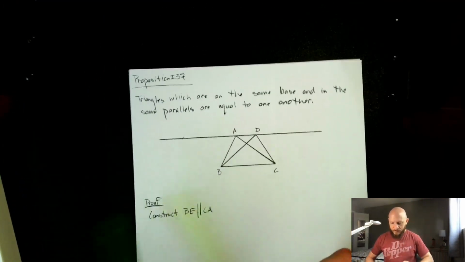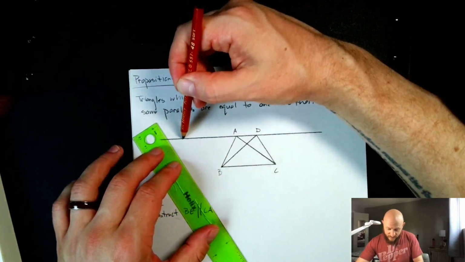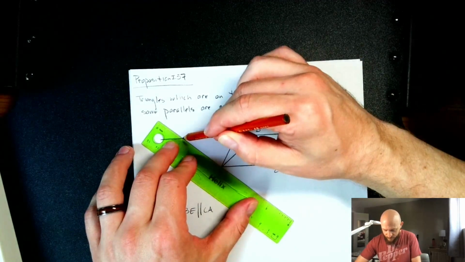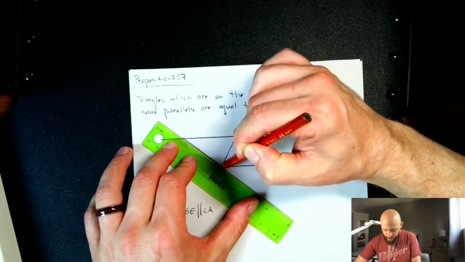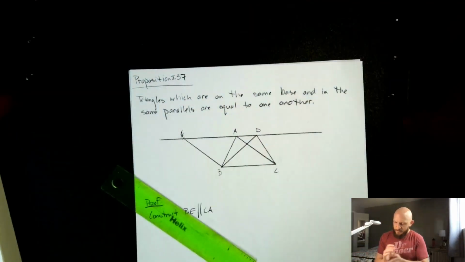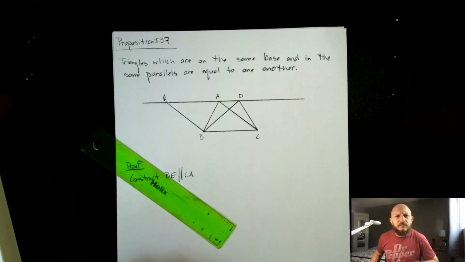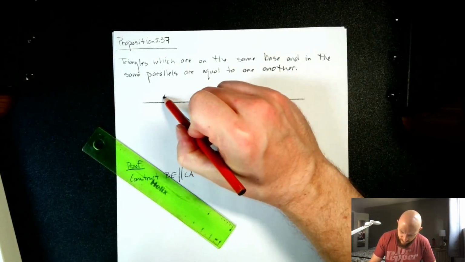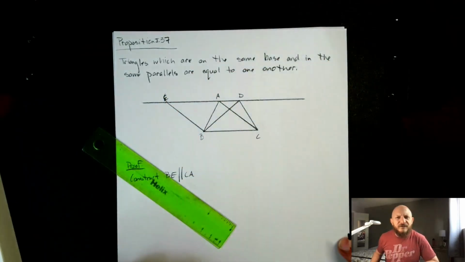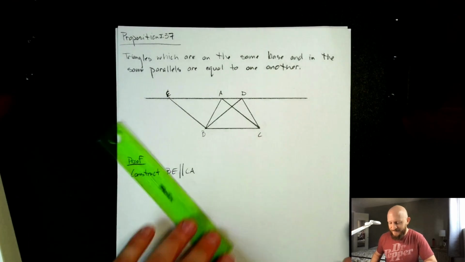Okie dokie. So there's my point E, and I'll connect BE. Whoops. A little smudge. It's not very obviously an E. That is an E. Yeah, there. That's a little bit clearer. It looks like a second grader wrote that.